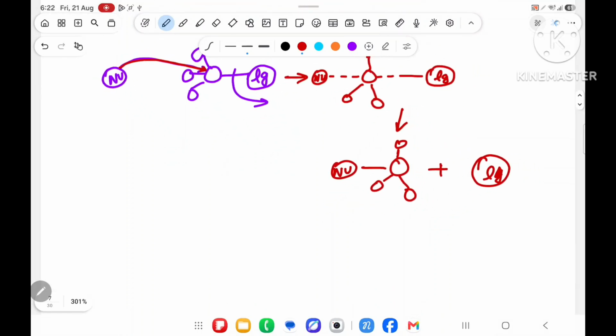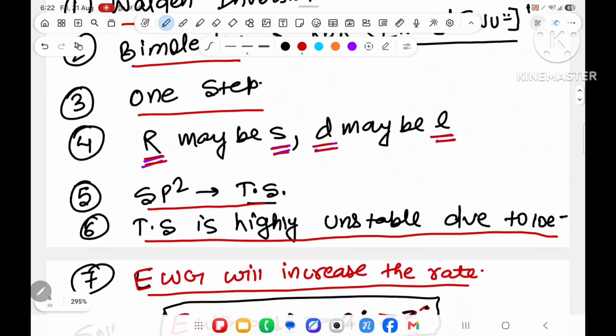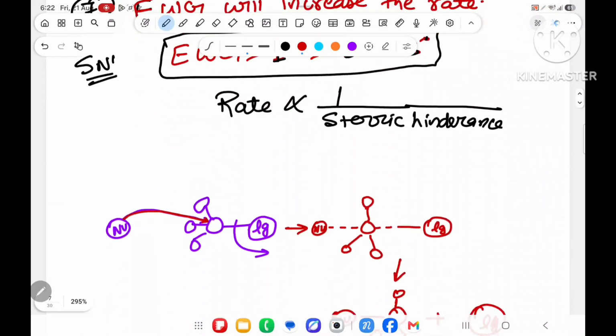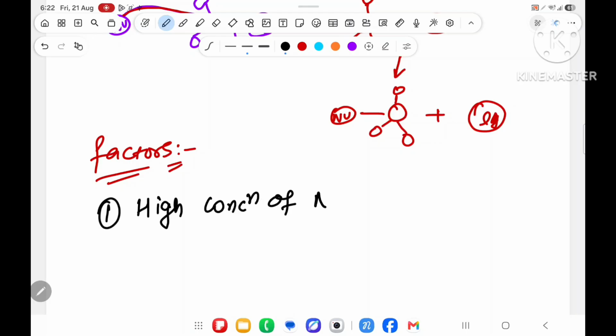Now I am going to write the factors on which SN2 depends. Here I have written the important points, what is happening inside it. On which factors will SN2 depend? First, it depends upon high concentration of nucleophile.